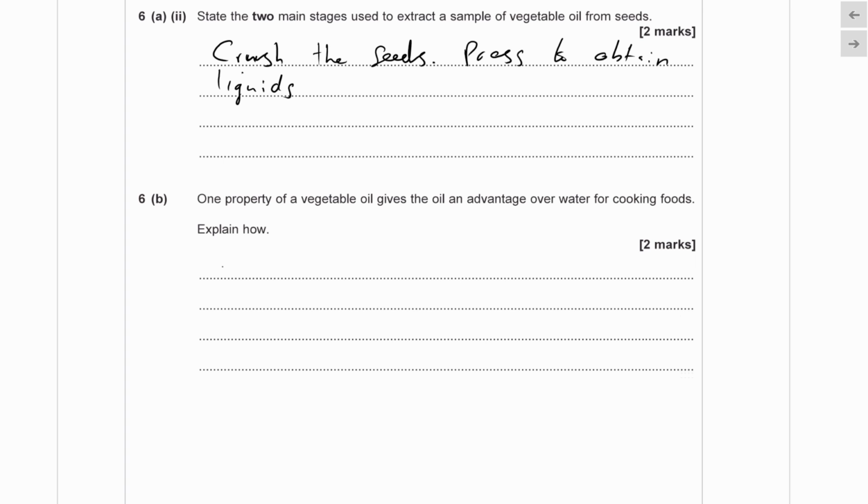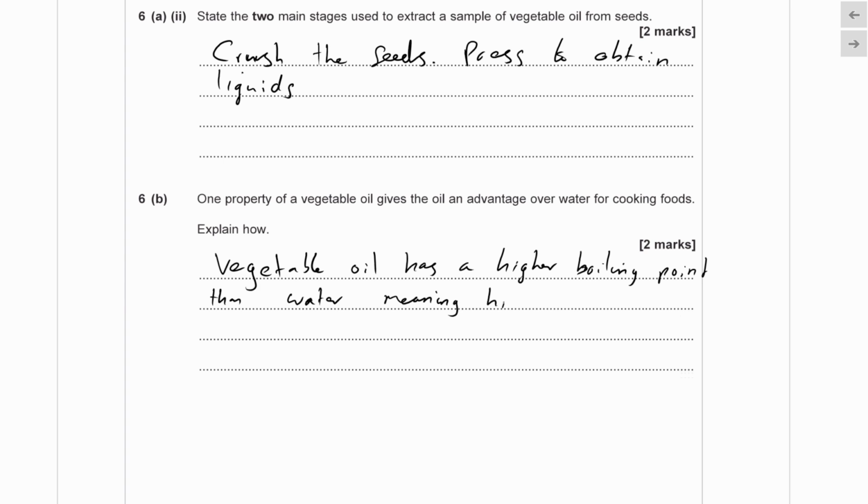So over water, the vegetable oil has a higher boiling point than water, meaning higher temperatures can be used. Okay, this allows food to cook faster.